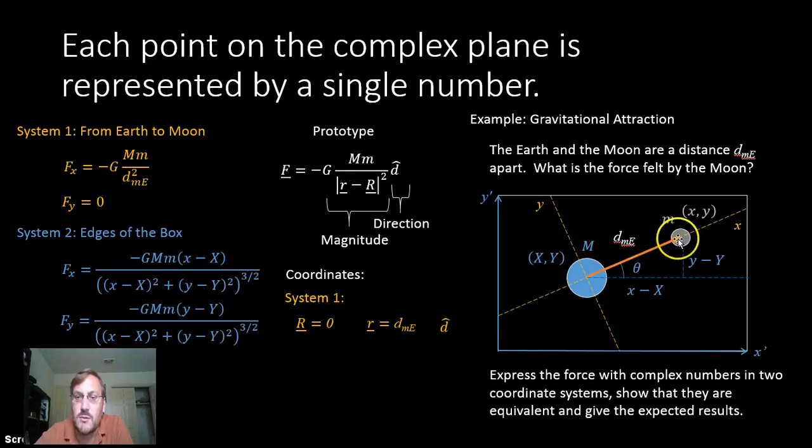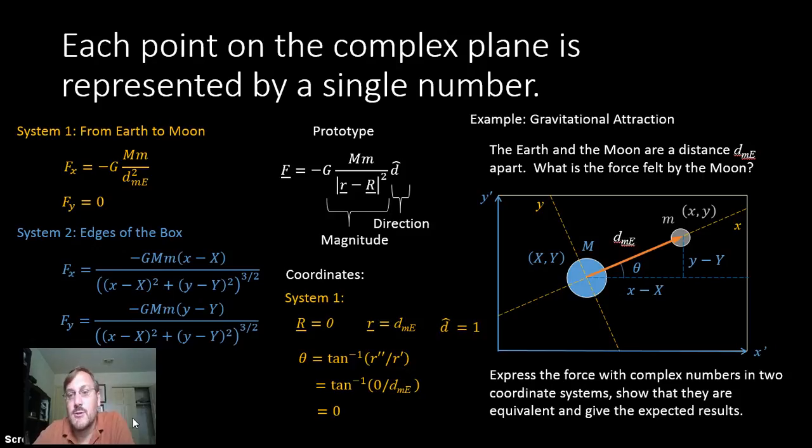DME in the x direction, which means that it's just DME plus I times 0, which is just DME. And then we have this d hat guy. How are we going to figure out this d hat guy? Well, we go through all that fun arctangent stuff. The arctangent of 0 over DME is 0, which means theta is 0, which means d is just 1. It's just the number 1. So the direction in this case is 1.